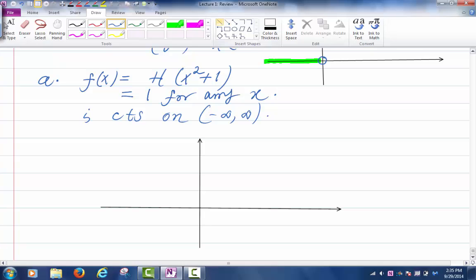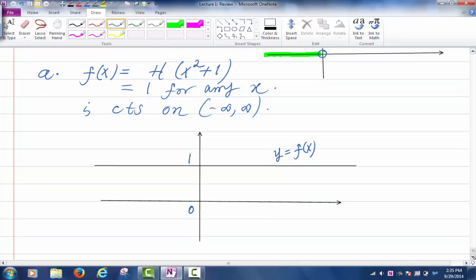So what's the graph? It's just a straight line at height 1. Everybody's okay with that? So that's the graph of f. Is everybody okay?